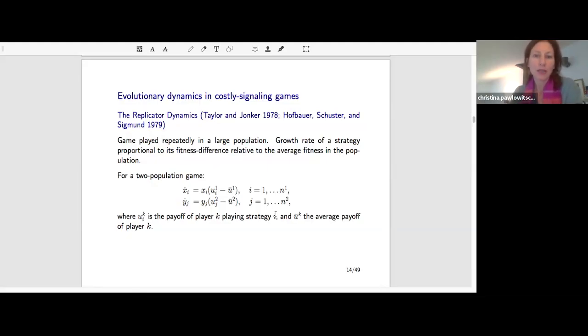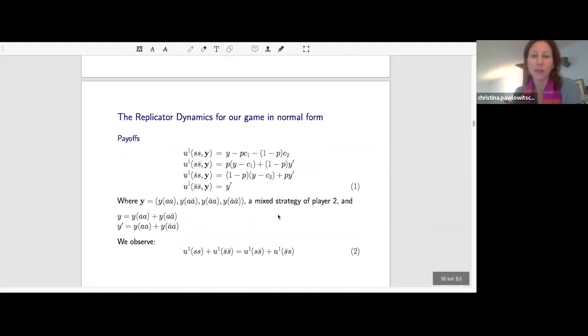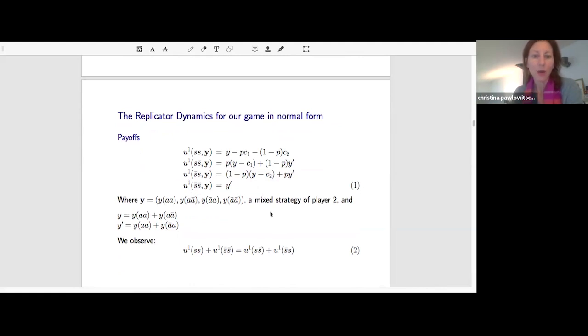Now, what can be done, so we write this down very classically, we write down the replicator equations by using our payoffs. And then one could make the following interesting observation, that when we take the sum of the first and the last equation and the two middle equations of the replicator dynamics, they give the same sum. So the first and the last sum equals the second and the third.